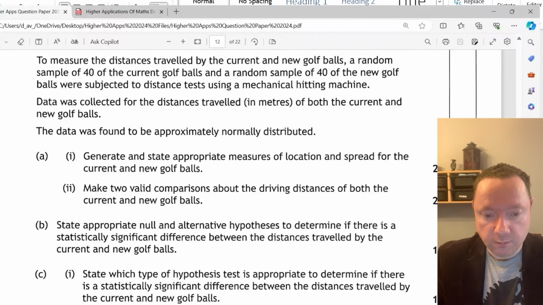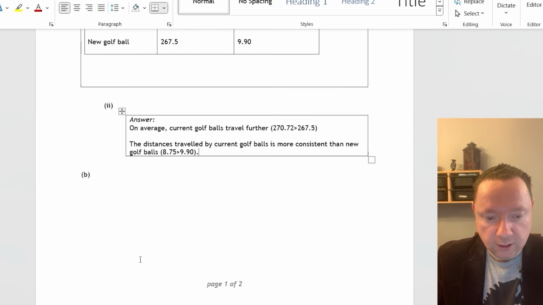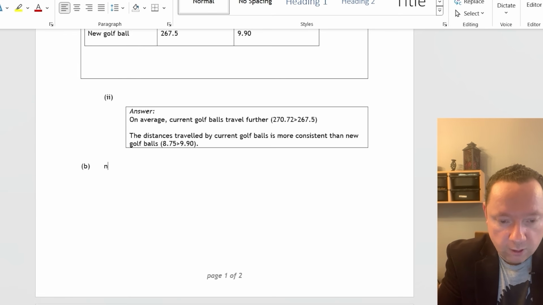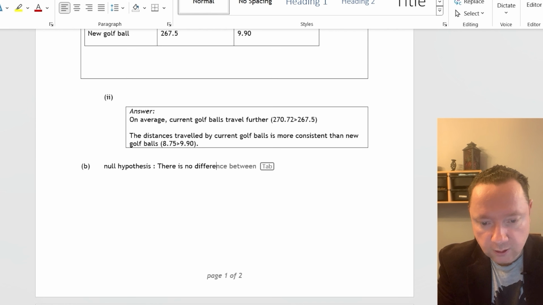Okay, next question. The appropriate null and alternative hypothesis to determine if there's a statistically significant difference between the distances travelled by current and new golf balls. Okay, let's look at a null hypothesis. There is no difference between the distances travelled by current and new golf balls.